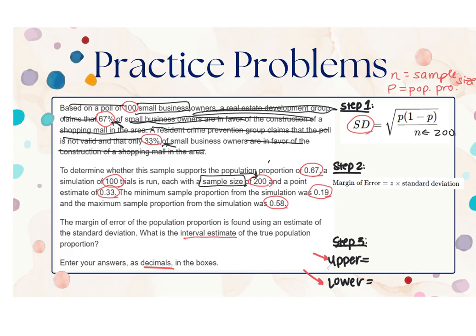Now, we're trying to see if this population proportion is true. And to do that, we're running a simulation where the sample size is 200 and our population proportion for that particular problem is 33% or 0.33. So we're actually going to use the 0.33 here. So when we plug in, we have 0.33 times 1 minus 0.33 all over 200.